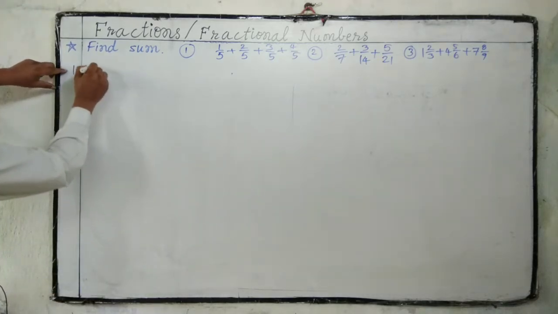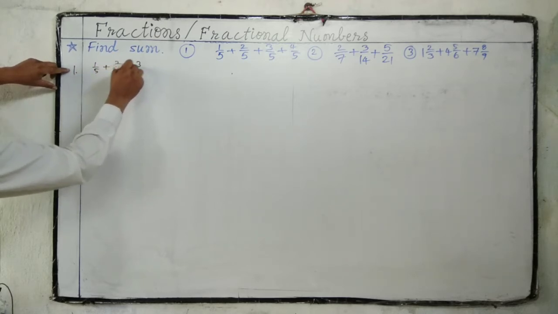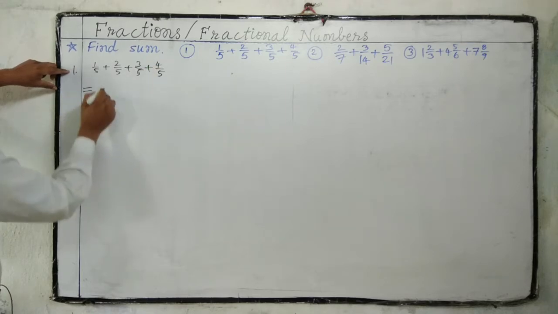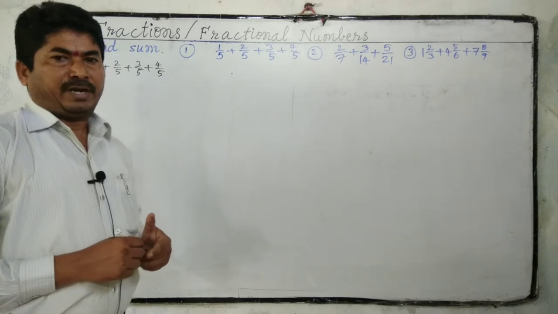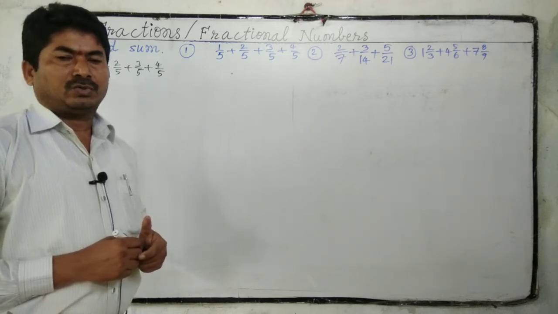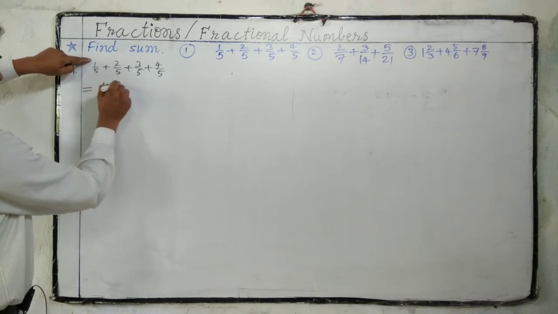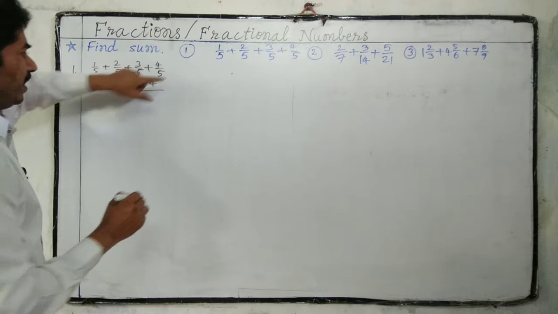First problem: 1 by 5 plus 2 by 5 plus 3 by 5 plus 4 by 5. We know the sum of like fractions is equal to the sum of the numerators by the common denominator.